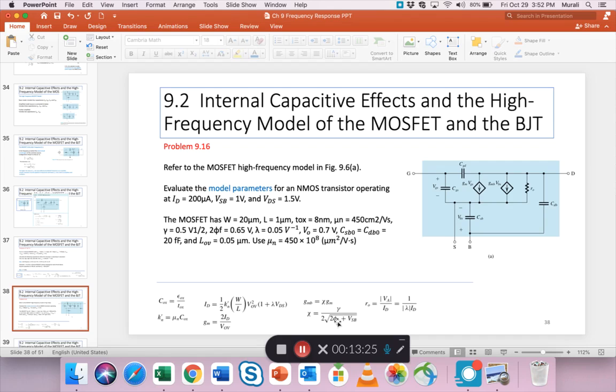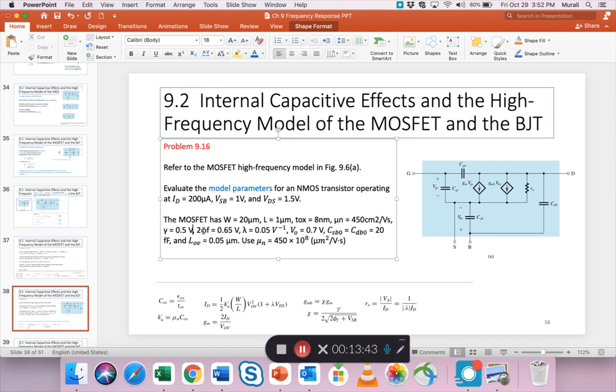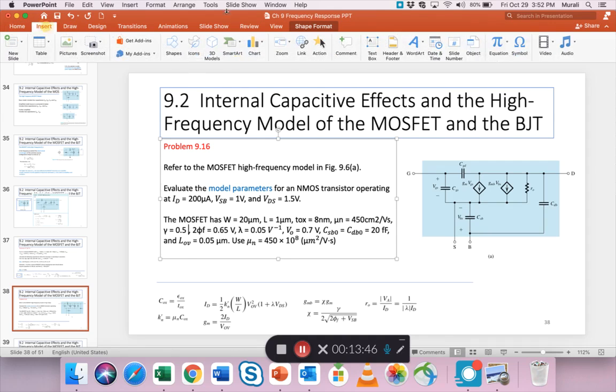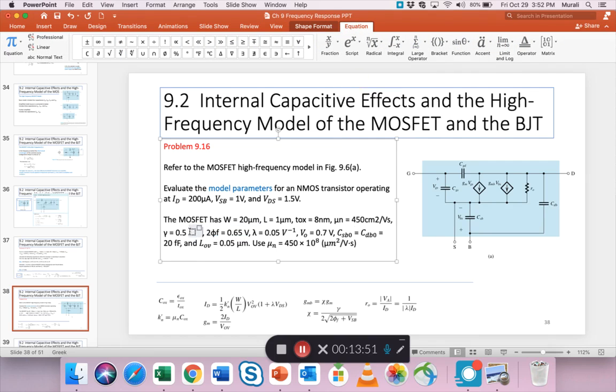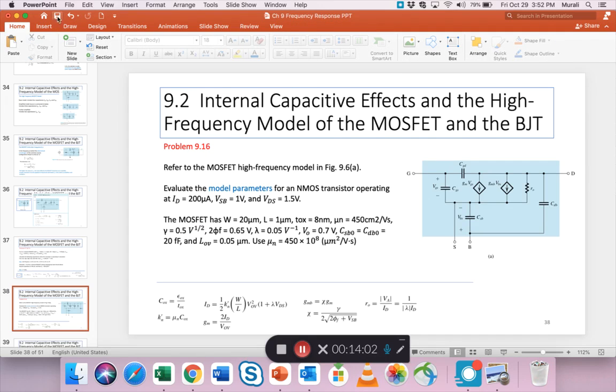For that, we are given 2 phi f. So you plug that in and you can get the answer. This gamma is given 2.5 V to the power of half. I think that's what this means. Isn't that interesting? Yeah, that's an interesting constant.